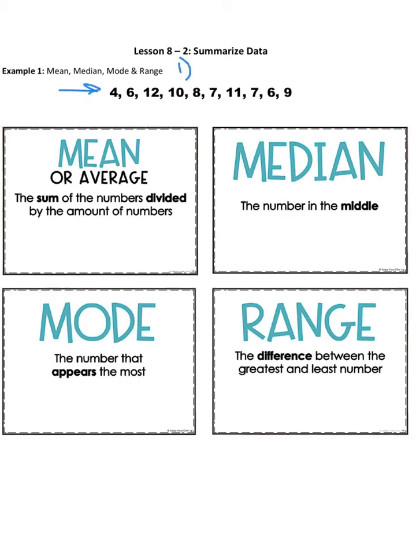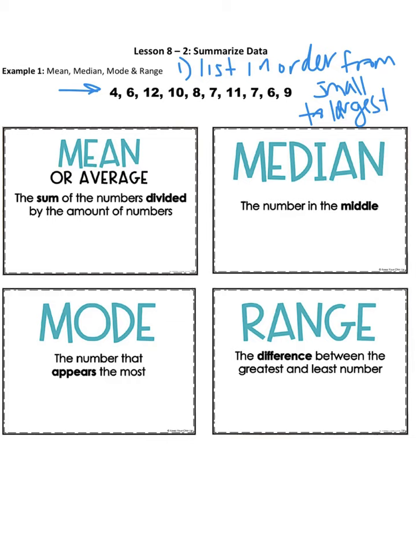The first step whenever you are working with a set of numbers is to list them in order from smallest to largest. So again, we want to list our numbers in order from smallest to largest.